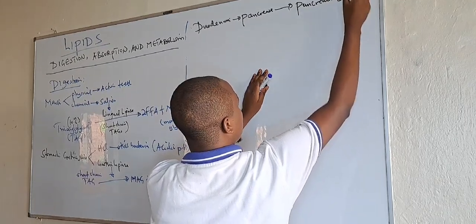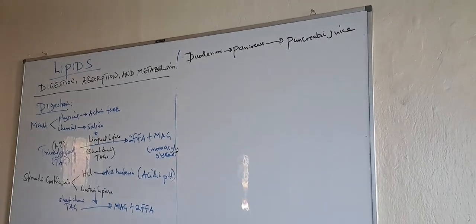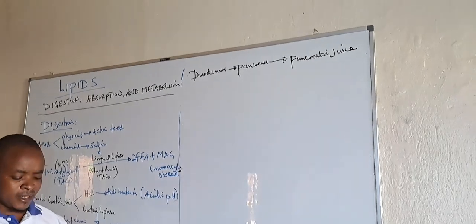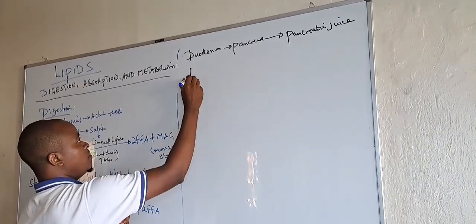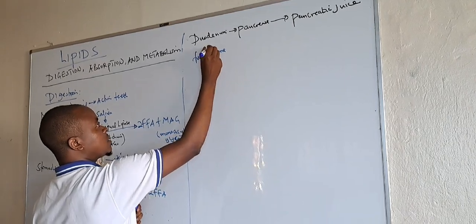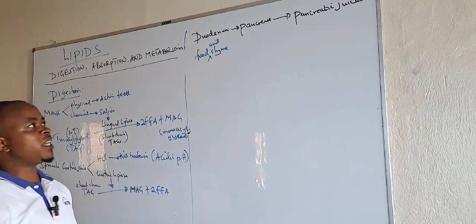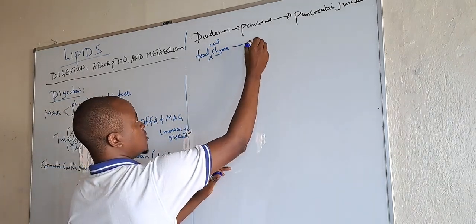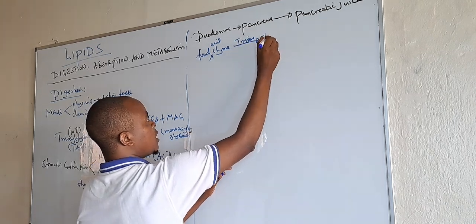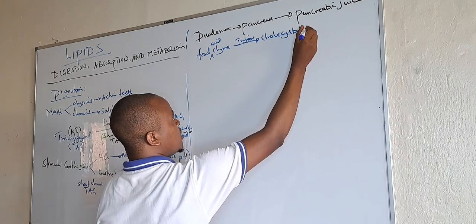Maybe the first thing before production of pancreatic juice: how is it triggered? We normally say the presence of acidic food chyme in the duodenum triggers the production of cholecystokinin hormone.